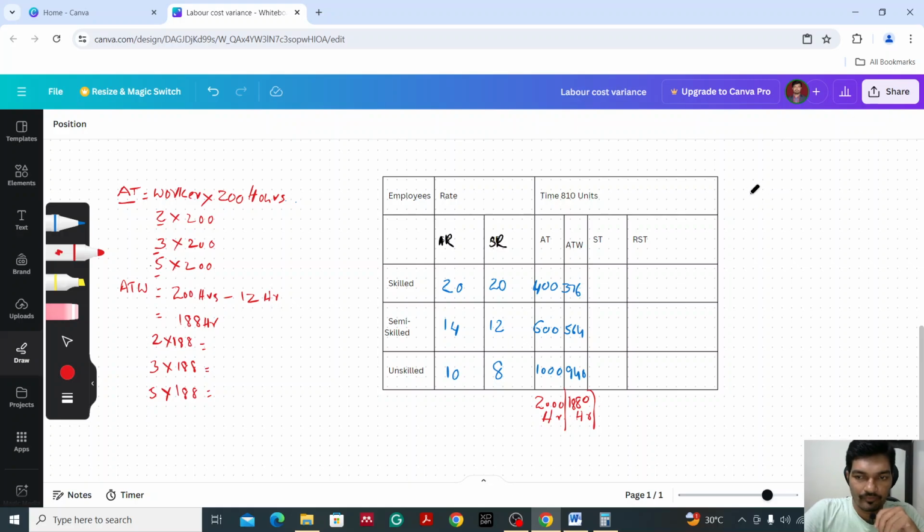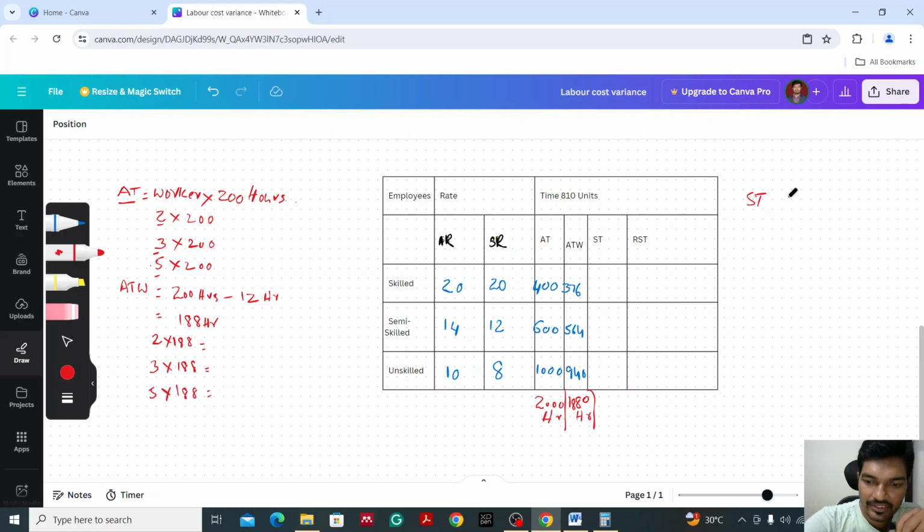So coming to the standard time, the standard time and actual data are not the same because there is no uniformity in that.